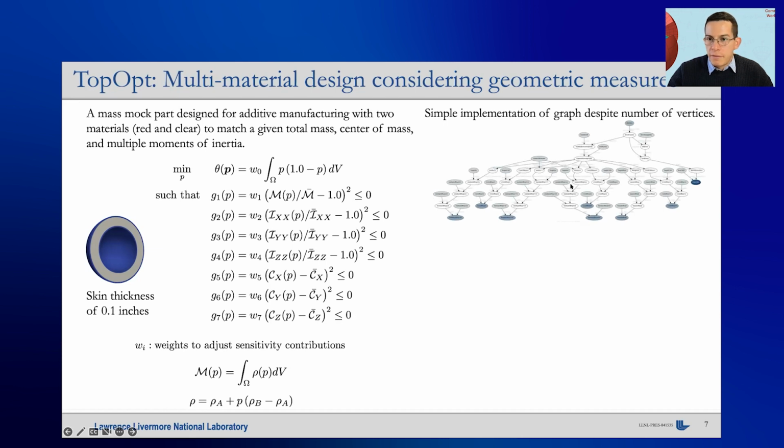If I look at the graph, it looks pretty involved, but one thing that I want to highlight here is that in LiDO, we have this abstraction, we call it the expression parser.